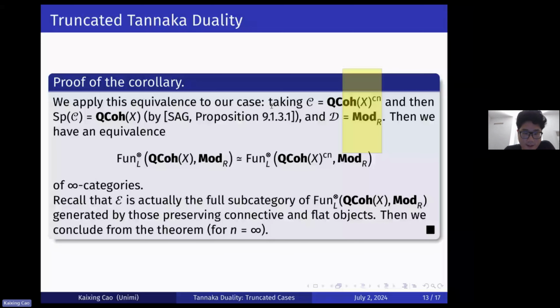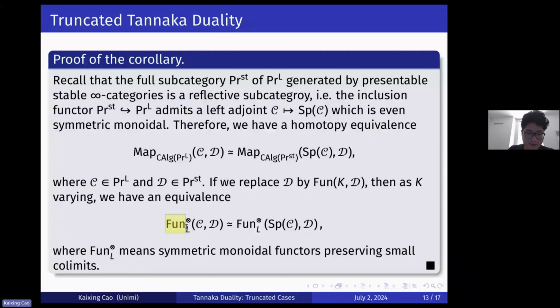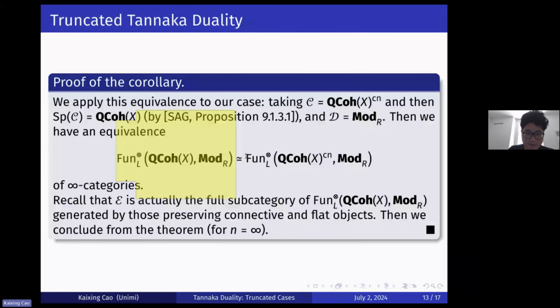But in SH, it proves that the stabilization of the coalgebras of X, which consists of connected objects, is this guy. It is all the quasi-coherent sheaves on X. So applying this equivalence, we get this equivalence.